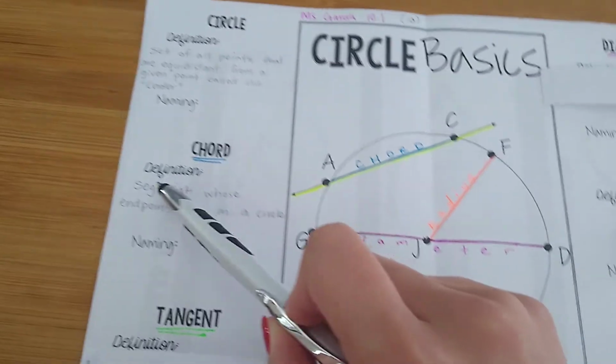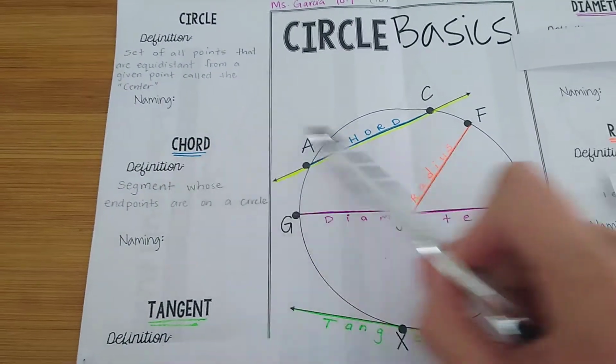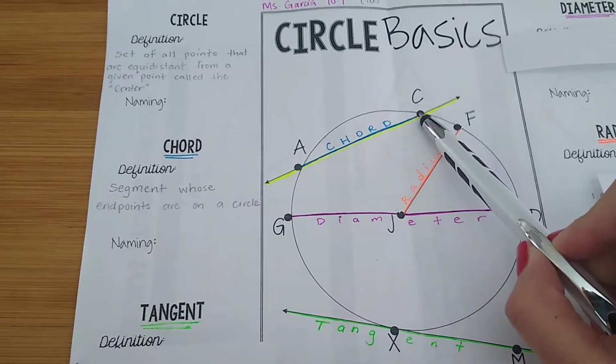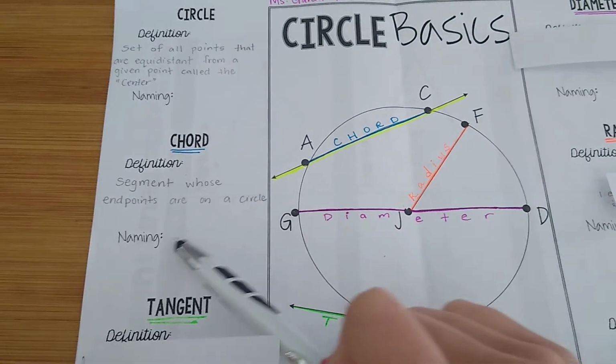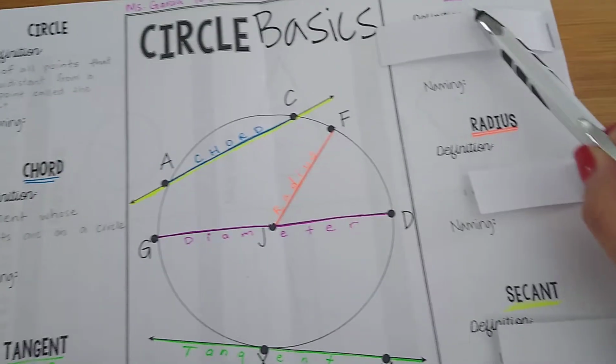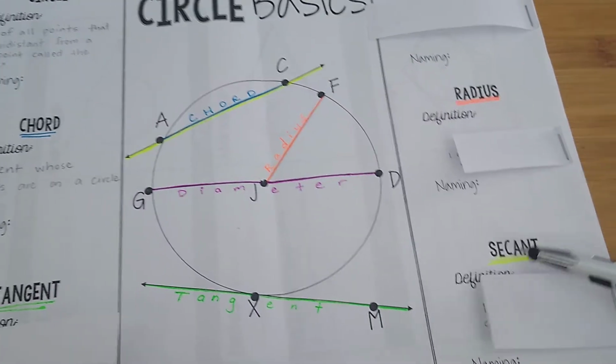We have the chord, the definition, the naming. The chord is symbolized with the blue, so from here to here is what I would say is the chord. The tangent is the green. The diameter is the purple. The radius is orange, and then the secant is yellow.